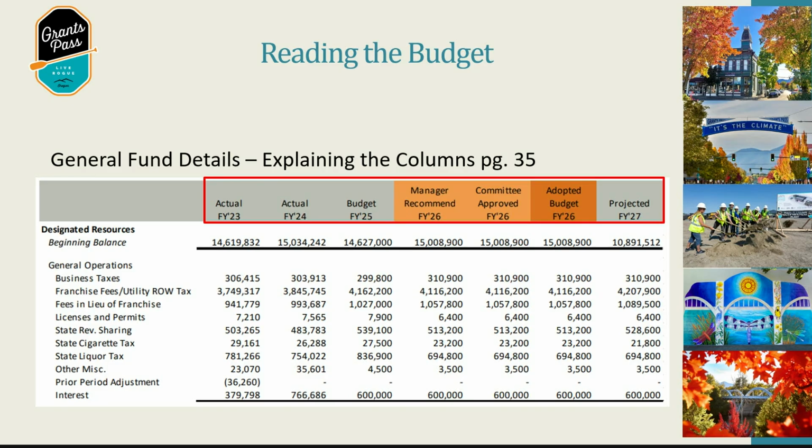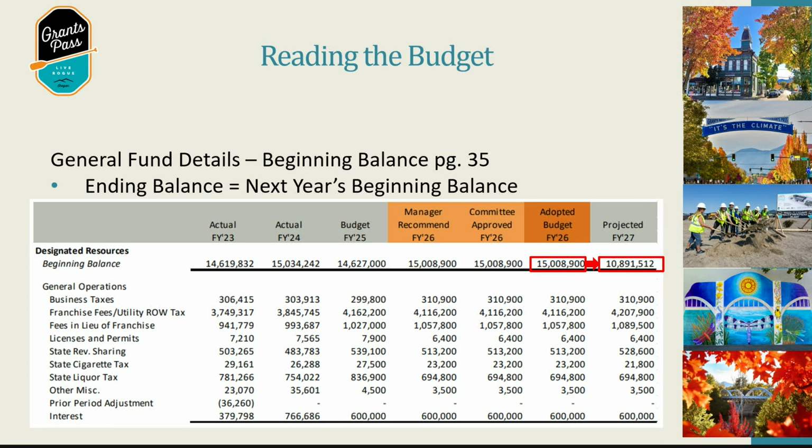And what I want you to look at as far as page 35 is there is a discrepancy in the general fund as far as we utilize more, or we are set up in balance to spend more in any given year than we actually bring in. So that number at the top is your beginning balance that we started with fiscal year 26 and where we project to end in 26 and start fiscal year 27 is about $4 million as far as a decrease.